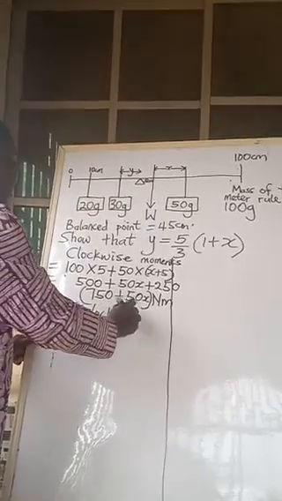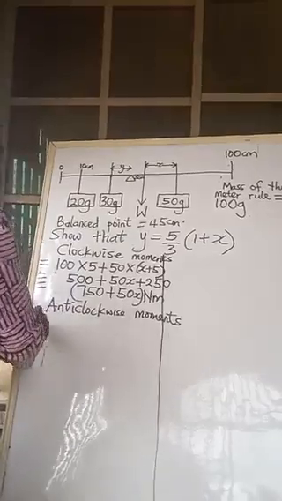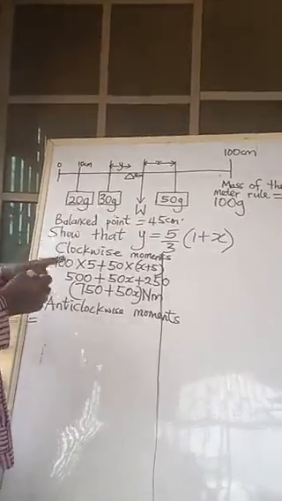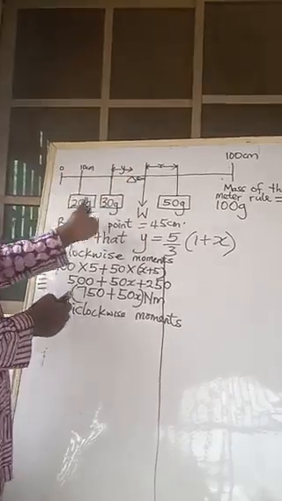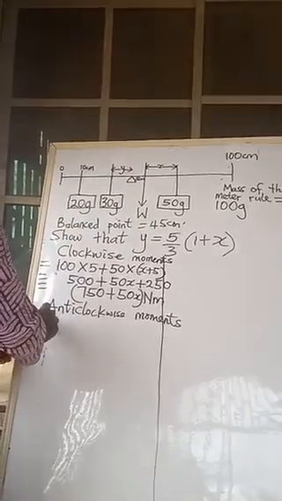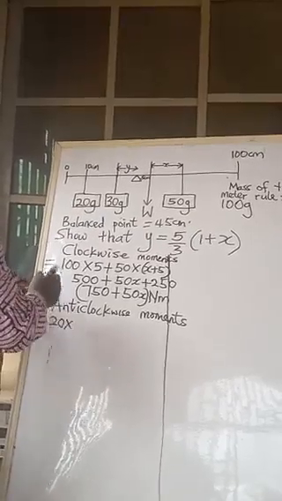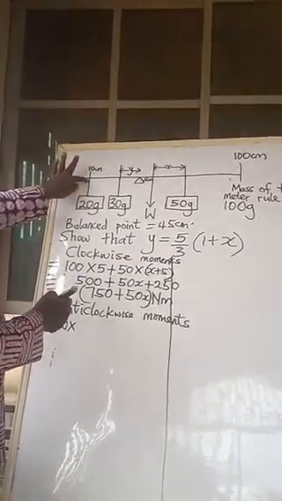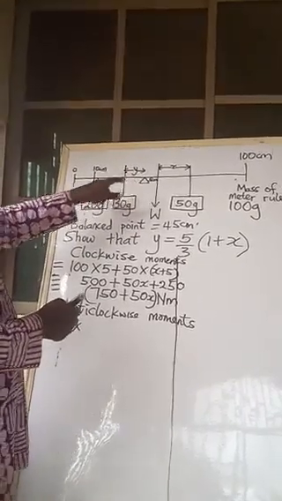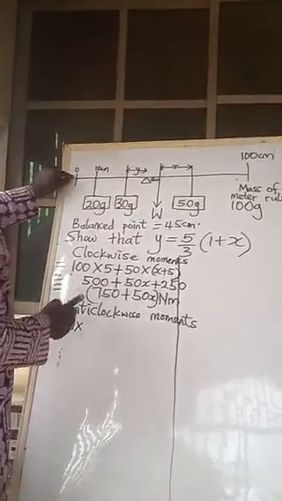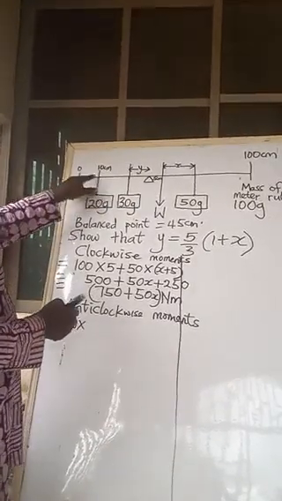Anti-clockwise moments. Now for the anti-clockwise moments, we have these 20 grams and these 30 grams. They are turning towards this pivot in an anti-clockwise direction. And that is equal to, for 20, force times distance: 20 times the distance from this 10 centimeter mark to the pivot, which is going to be 45 minus 10, because the distance from 0 to the pivot is 45 and the distance from 0 to here is 10.